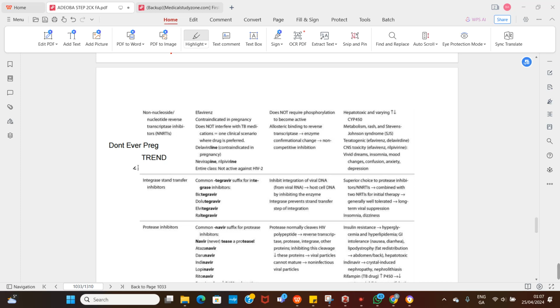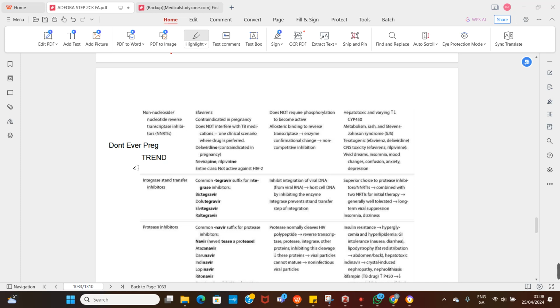No. What it does is just bind to the reverse transcriptase itself and alter its conformational shape and configuration, and it inhibits the action of reverse transcriptase in a non-competitive manner, as opposed to the previous ones, the NRTIs, that act through a competitive inhibitory pattern. But this one, they bind to an allosteric site, so definitely it's going to be non-competitive.